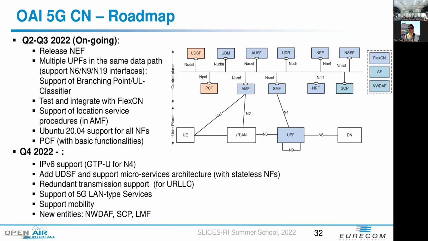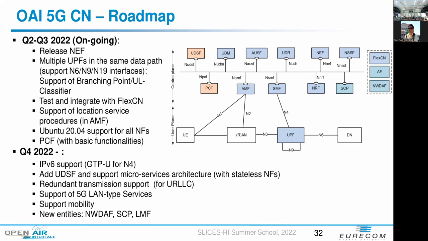And actually, we have the NF, and then we do the integration later. And we are also working to support Ubuntu 20.04 for all the network functions. Actually, we already did it with AMF, SMF, and UPF, but we have to do that for the rest of the network functions.